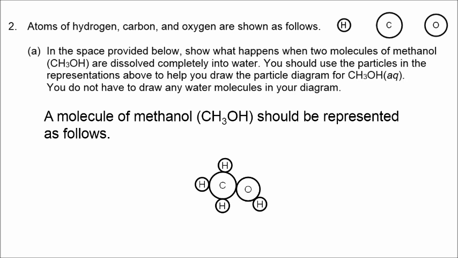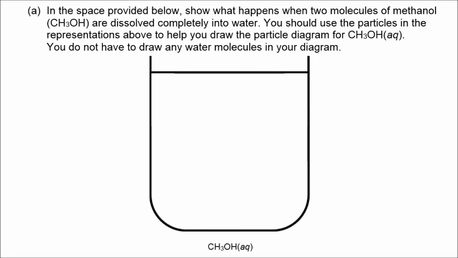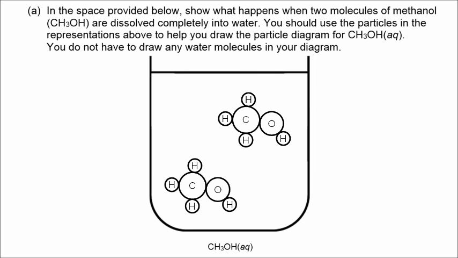Now if you decided to draw these with lines connecting them, that's fine, as long as it looks like covalent bonds. On page 117, you can see that a molecular substance like methanol or sugar will dissolve but not form ions. The molecule stays intact. So your diagram should have shown 2 intact methanol molecules with no charges or ions of any kind.